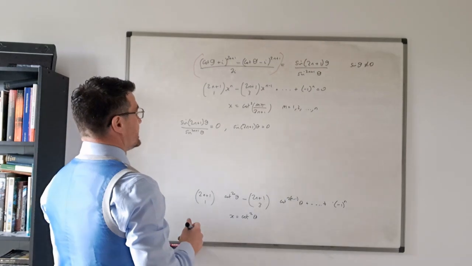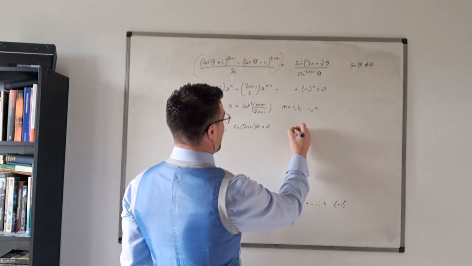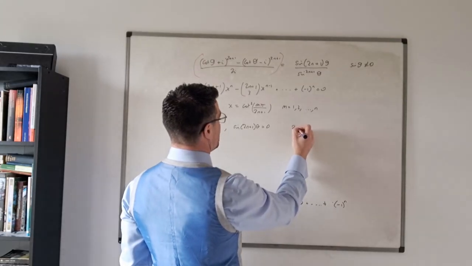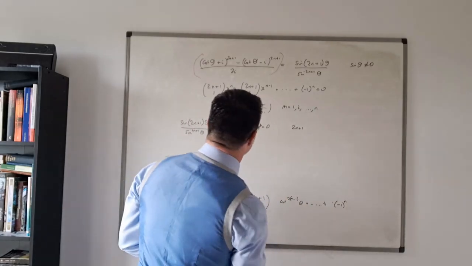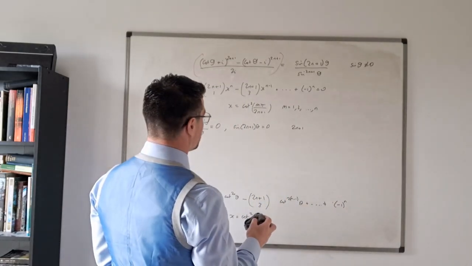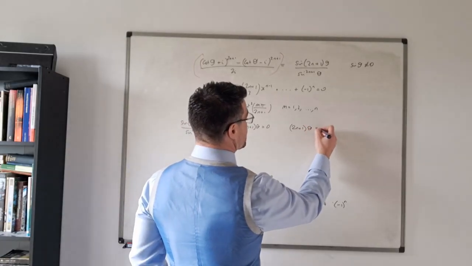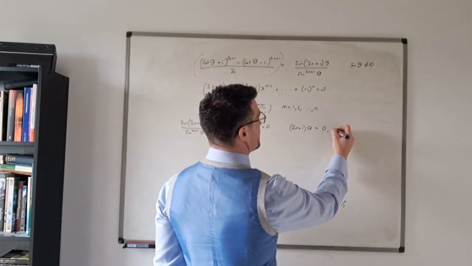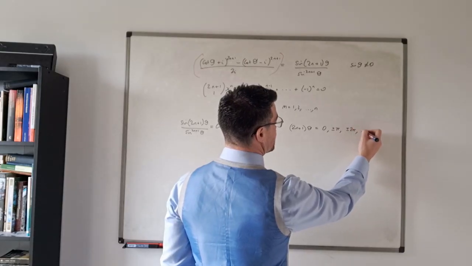And therefore, 2n plus 1 theta must be equal to 0 or plus or minus pi or plus or minus 2 pi, and so on and so forth.